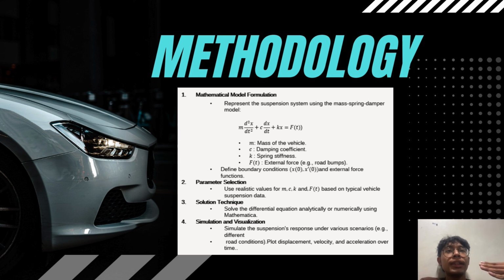Okay, now this is the methodology. First of all, the mathematical model. The suspension system is represented by the mass-spring-damper model, which you can see there: m d²x/dt² + c dx/dt + kx = F(t).